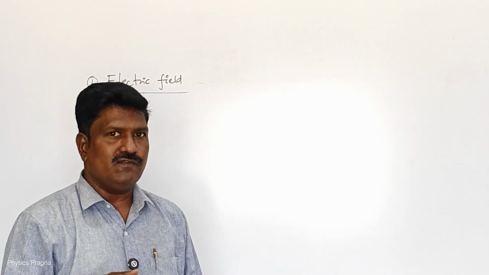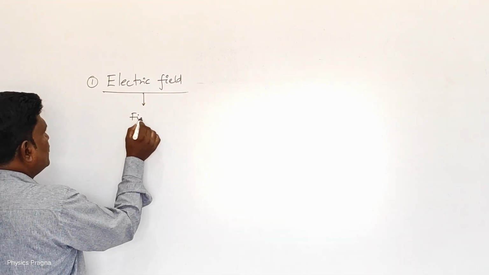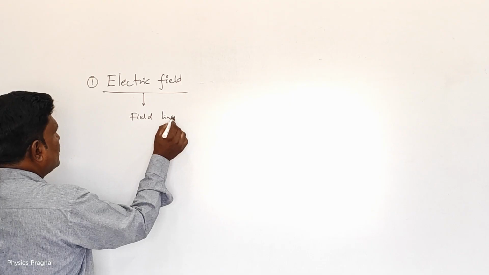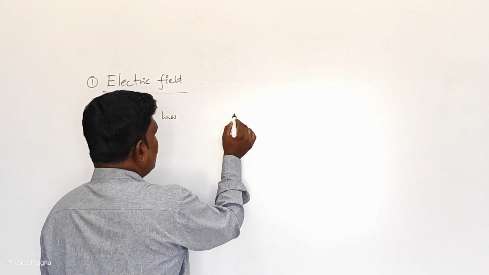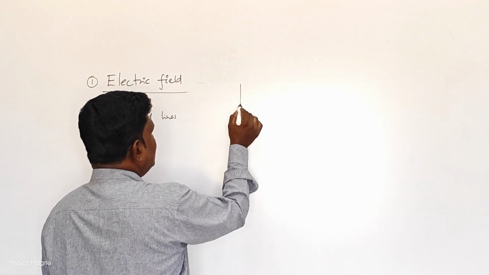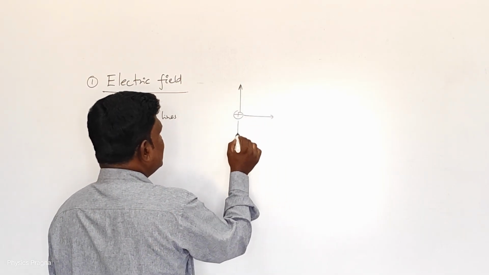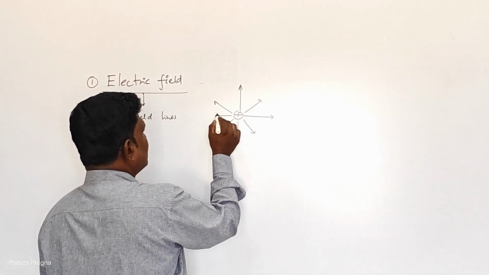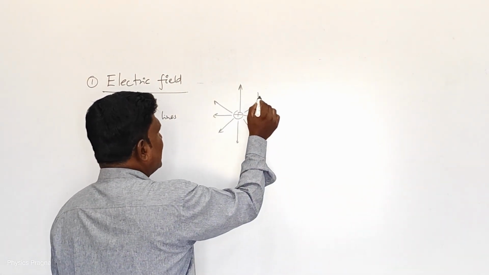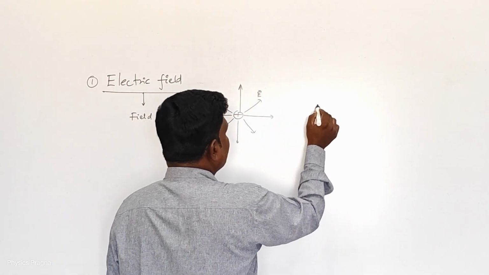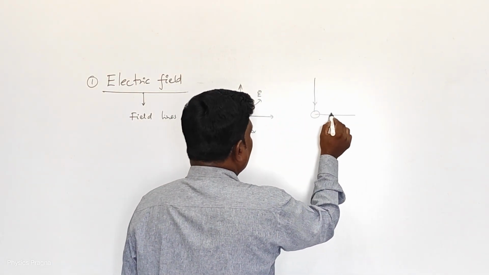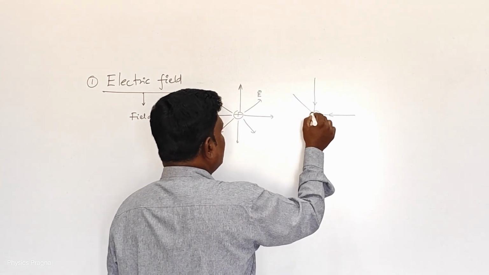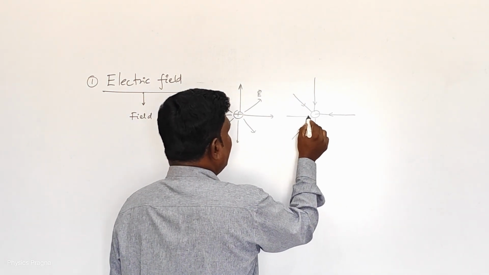We cannot visualize the electric field, so we draw electric field lines so that we can understand the electric field. Around the positive charge, these electric field lines spread in all directions. For negative charge, these electric field lines converge towards the negative charge.